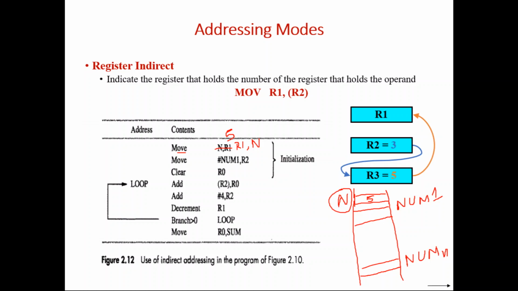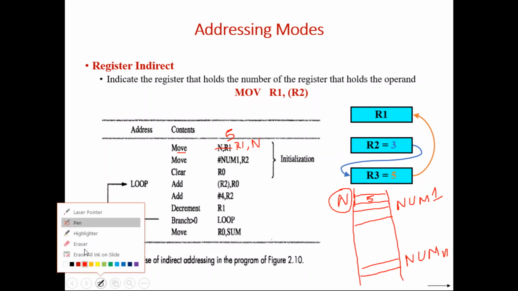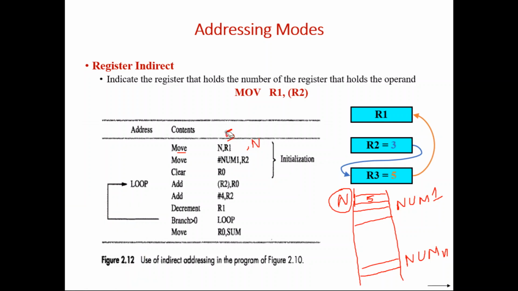Now, move hash num1 comma R2. I think you are clear: move n comma R1 means it moves the content of n to R1. What is n? 5 is moved to R1.